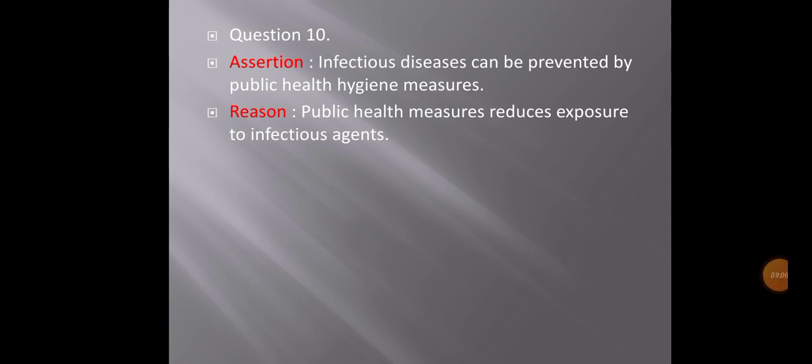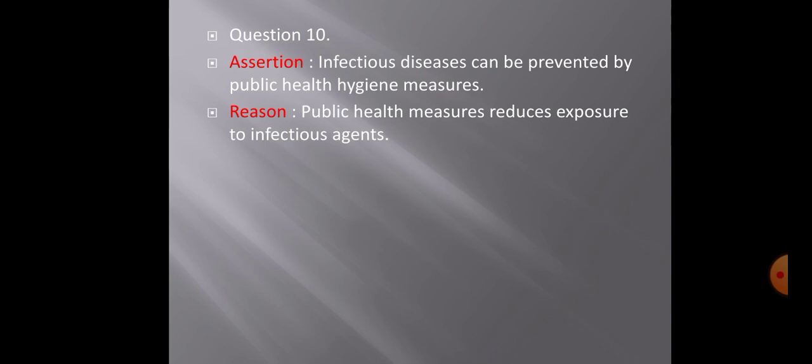Now the 10th question. The assertion says infectious disease can be prevented by public health hygiene measures. So yes, the spreading of infectious disease is in our hands only: how we live, how we behave in the particular environment where we are living.